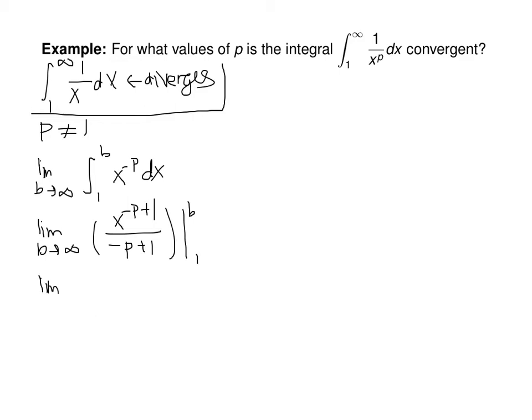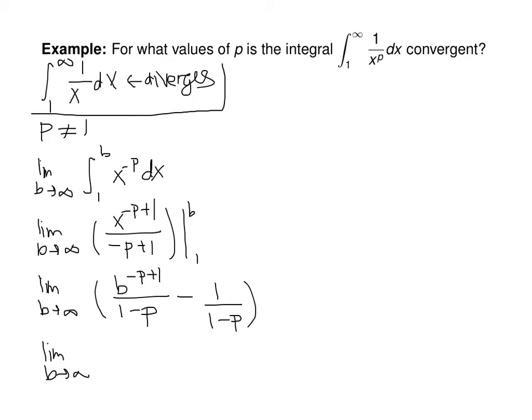So the limit as b goes to infinity of b to the power of negative p plus 1, I'm just going to make that 1 minus p, minus now 1 to any finite power is 1, so 1 over 1 minus p. And I would like to just factor out the 1 minus p, so I have the limit as b goes to infinity 1 over 1 minus p times b to the negative p plus 1 minus 1.